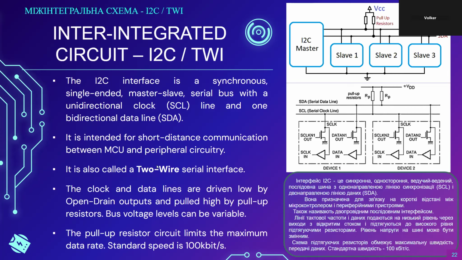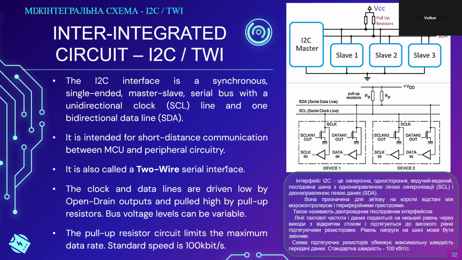It is also called a 2-wire serial interface, obviously because it has the serial data line and the serial clock line, 2 wires. Clock and data lines are driven low by open drain outputs, pulled high by pull-up resistors. Bus voltage levels can be variable. This is an important item.